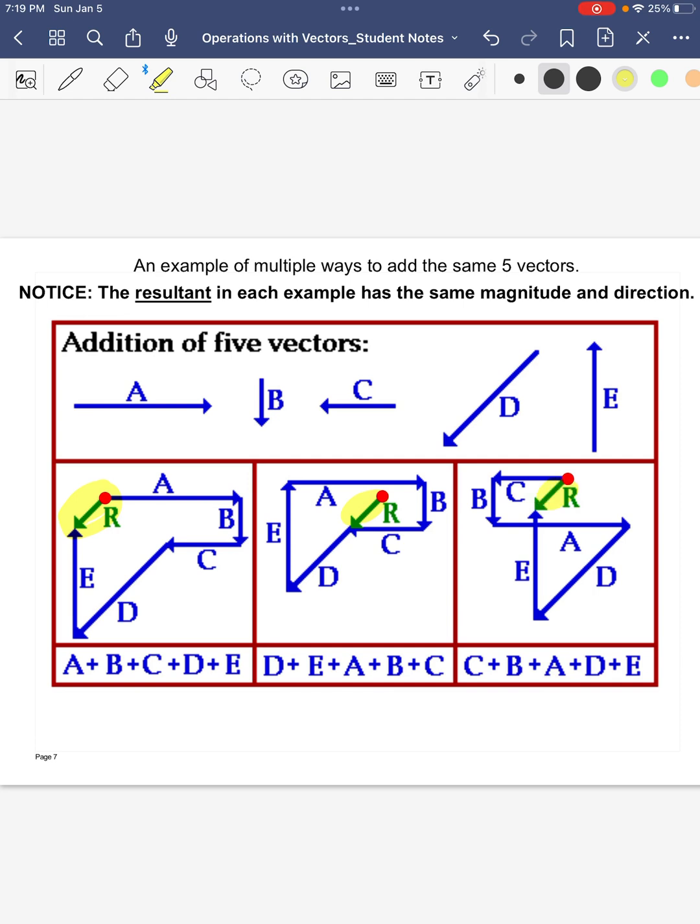I just changed the order of what we're adding together, but I still got the same resultant vector. So remember, we care more about not where it's located, but what the components are, and every one of these has the same components. That just goes to show you that even when you're adding vectors, just like when you add numbers, it's commutative. It doesn't matter if we change the order, we should still get the same result.